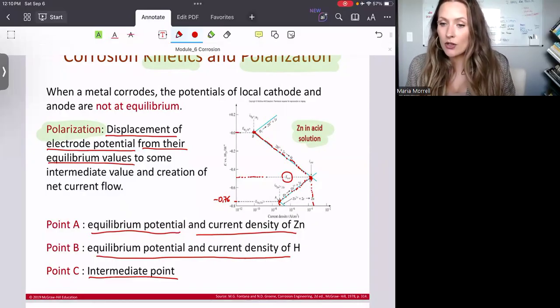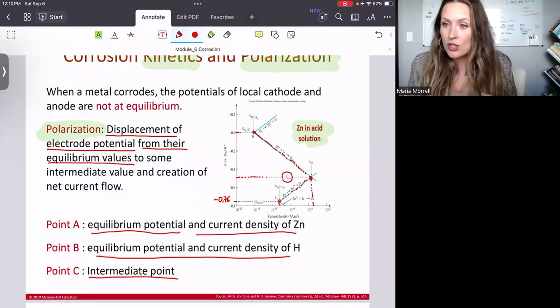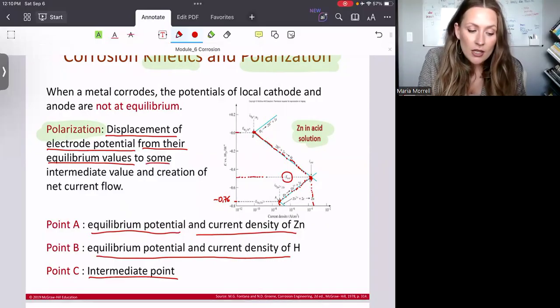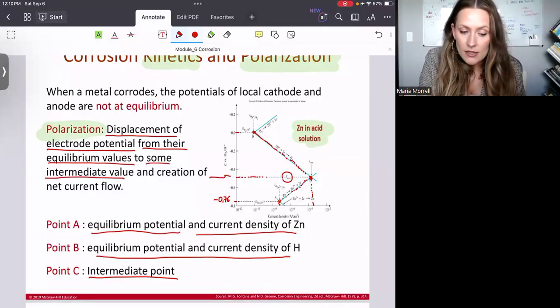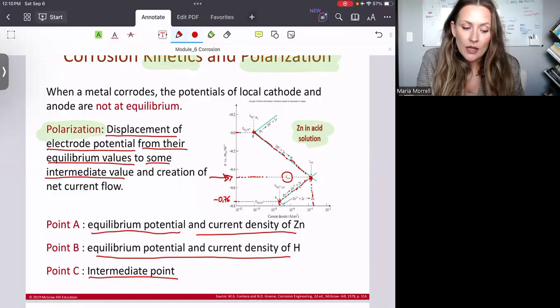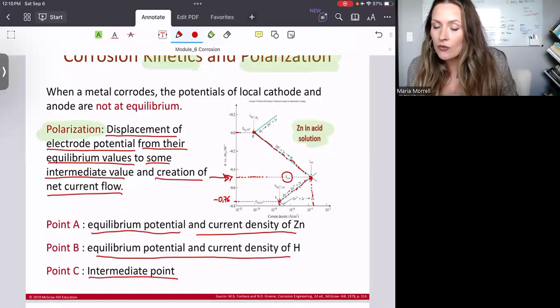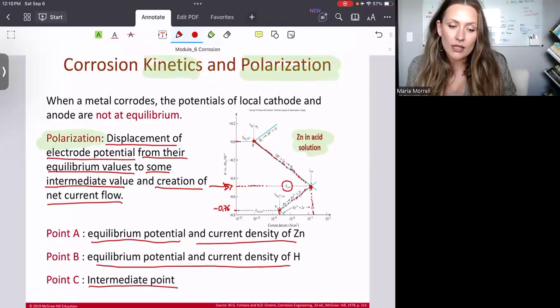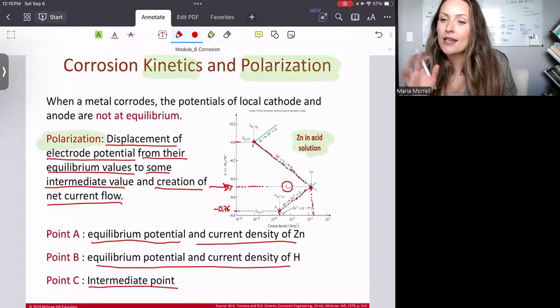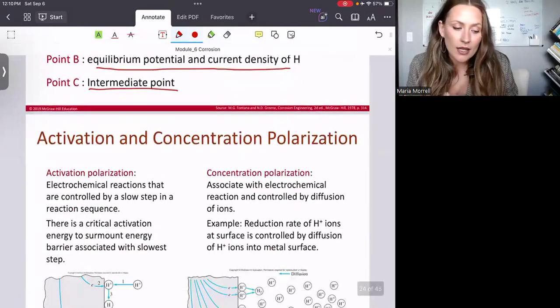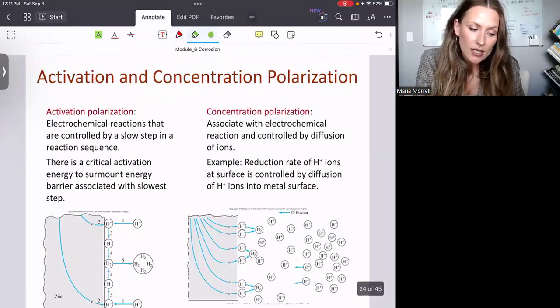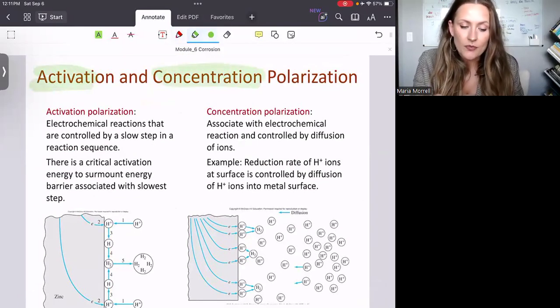And here we are referring to values A and B that we've seen before, right? Which is going to be negative 0.76 for zinc and 0 for your hydrogen electrode, to some intermediate value, right? That is the value right here. And the creation of net current flow, right?